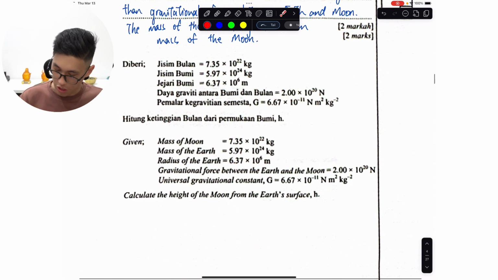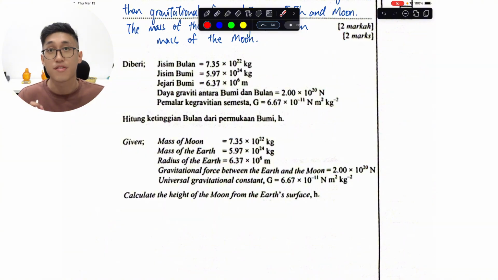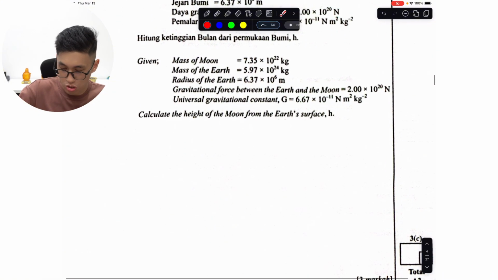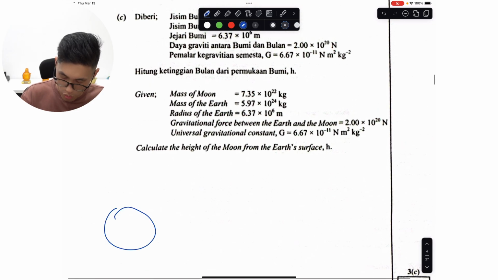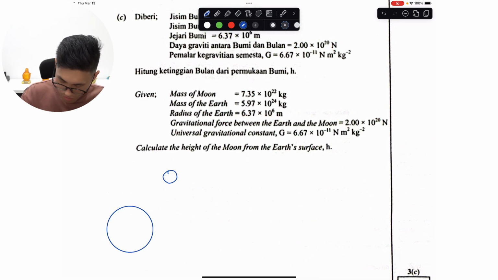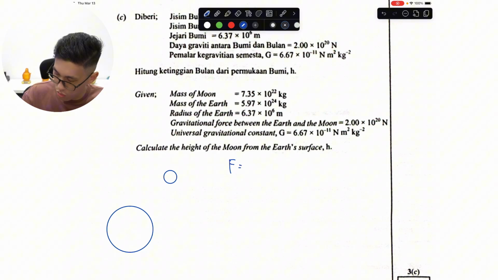Given all this information, the mass of the Moon, the mass of the Earth, the radius of the Earth, the gravitational force between Earth and the Moon, find the height of the Moon from the Earth's surface. Now, just to make it clearer, I'm going to draw the Earth and the Moon out. When you want to know the gravitational force, we have to use the formula F equals G m1 m2 over r squared.